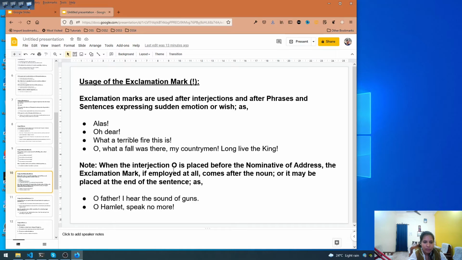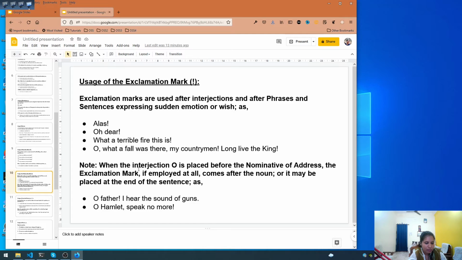When the interjection O is placed before the nominative address, the exclamation mark, if employed at all, comes after the noun. Okay, so if I say oh Lord, or oh Rahul, oh Ram, so Ram, Lord, Rahul, these all are nouns, isn't it?